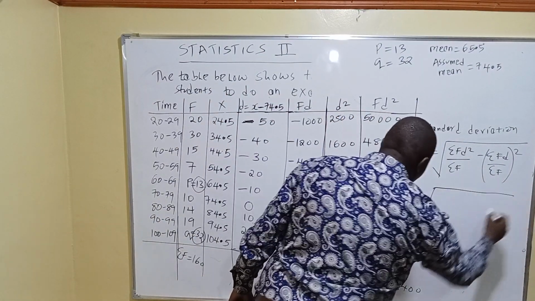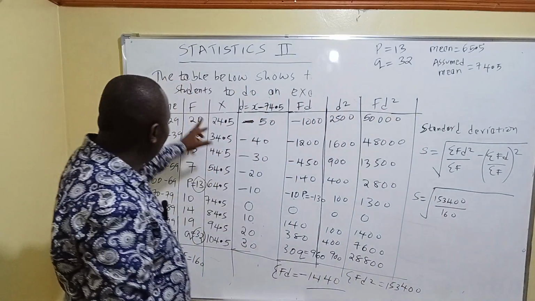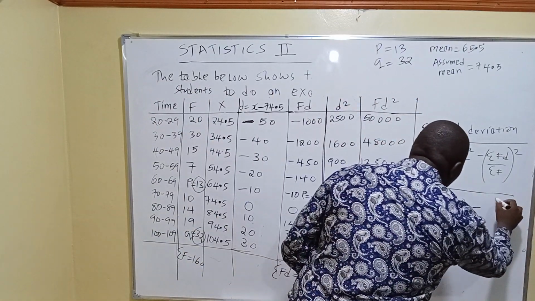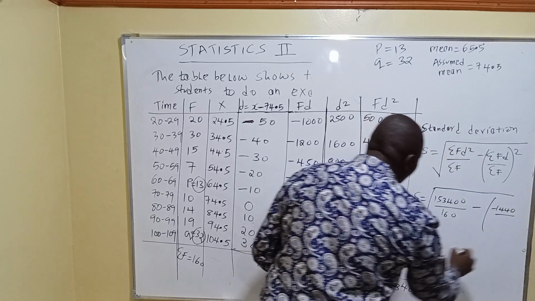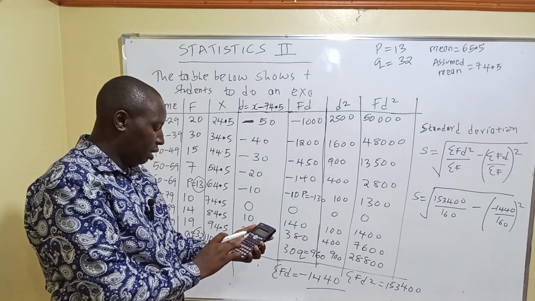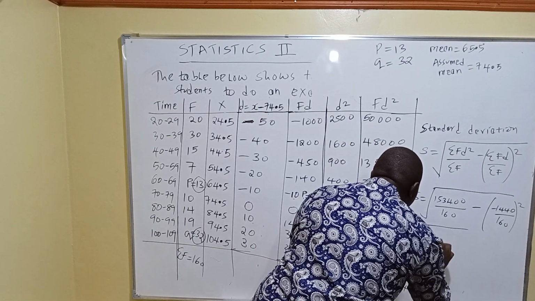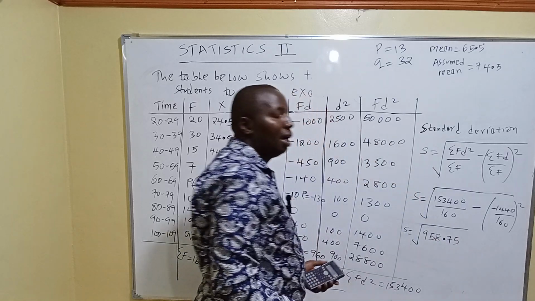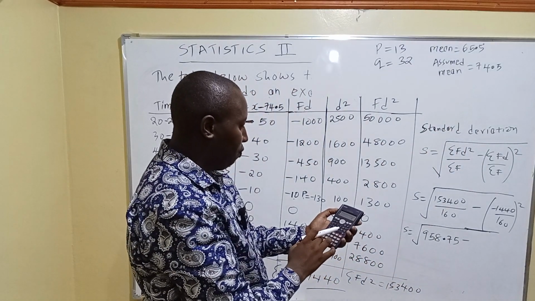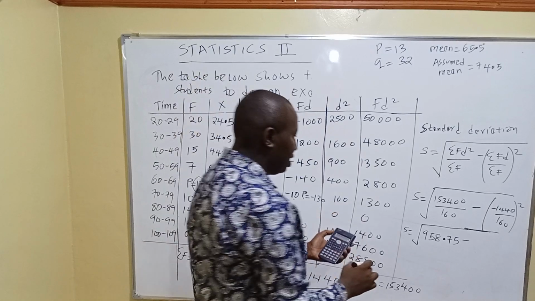So S is equal to the square root of 153,400 divided by the sum of the frequency, 160, then minus negative 1440 over 160, squared. Taking 153,400 divided by 160, you get 958.75, minus 1440 divided by 160, which is negative 9, and negative 9 squared is 81.